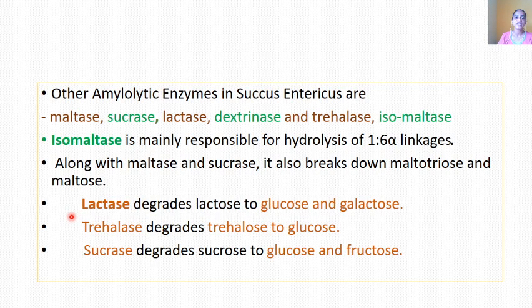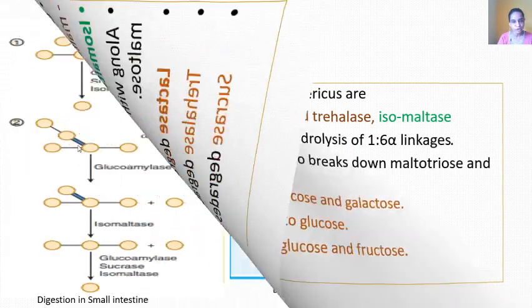Okay, and lactase will break down lactose into glucose and galactose, trehalase will break down trehalose into glucose, sucrose will be broken down into glucose and fructose by sucrase, and maltose will be broken down by maltase into glucose and glucose, because maltose is formed of 2 glucose units.